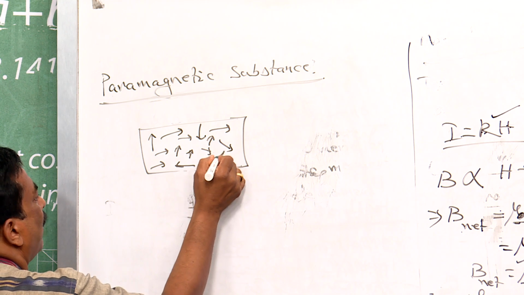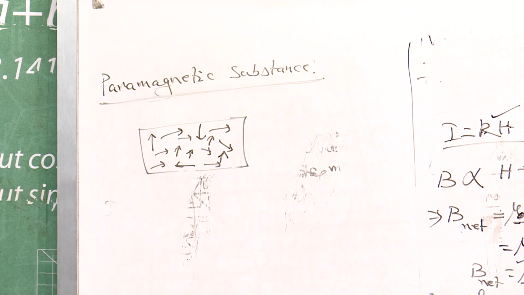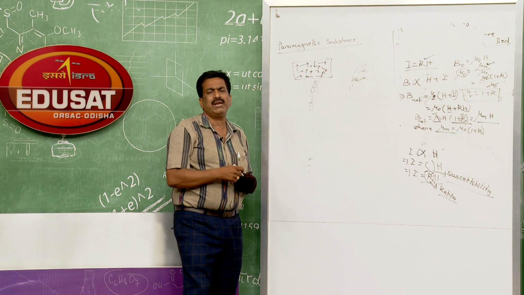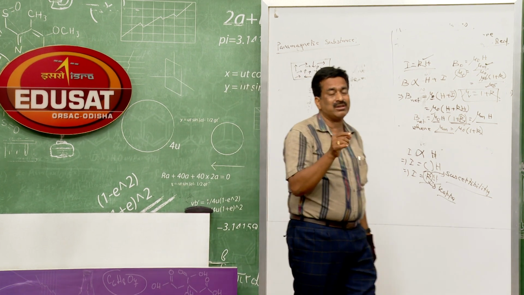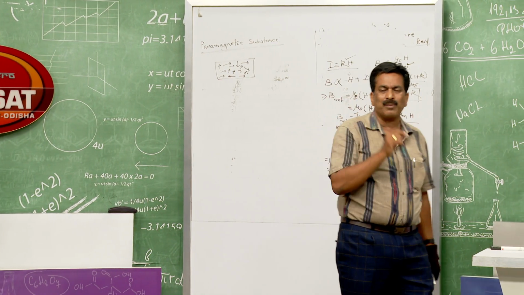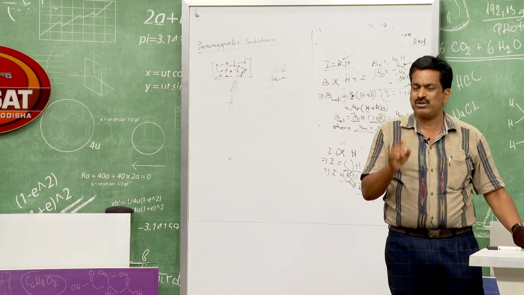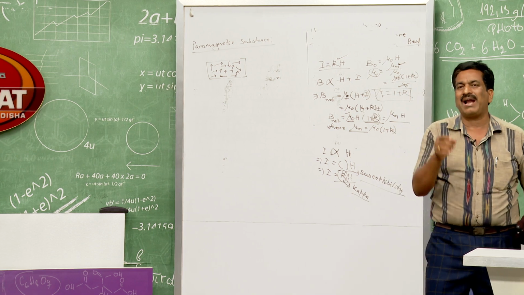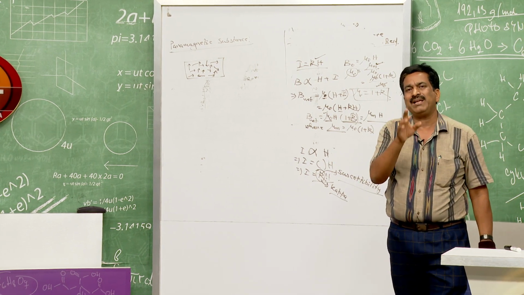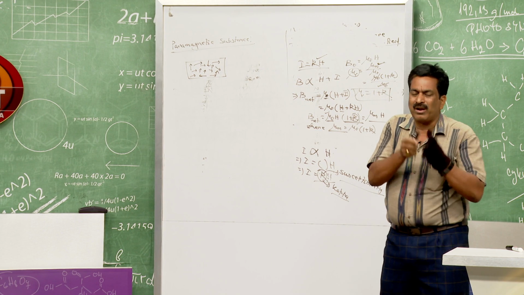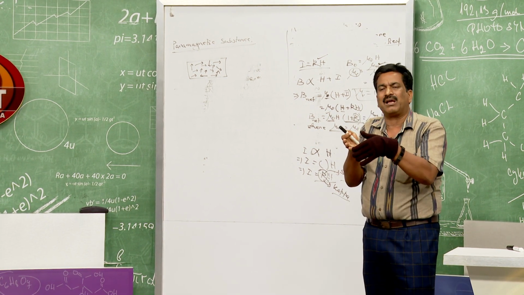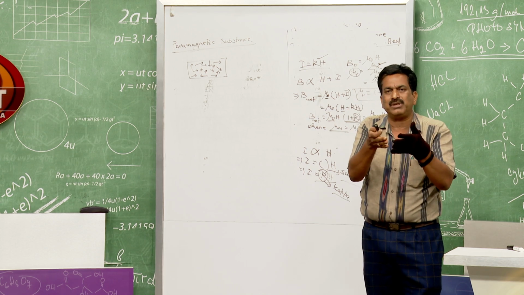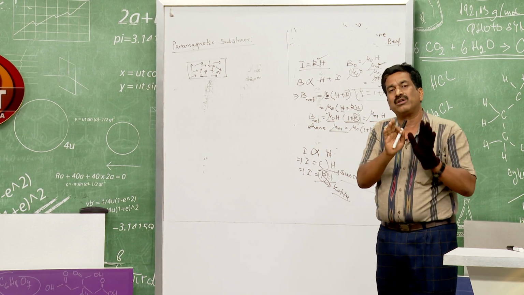Dipoles are also developed in the case of diamagnetic substances. But what is a diamagnetic substance? In a diamagnetic substance, it is shown that the resultant dipole moment is 0. Means one dipole moment and the dipole moment of another atom, if they are in opposite directions, generally cancel.